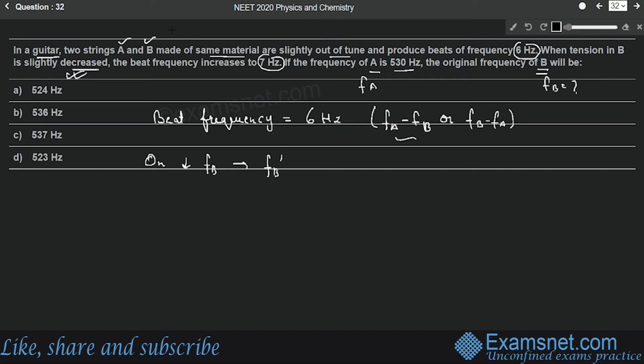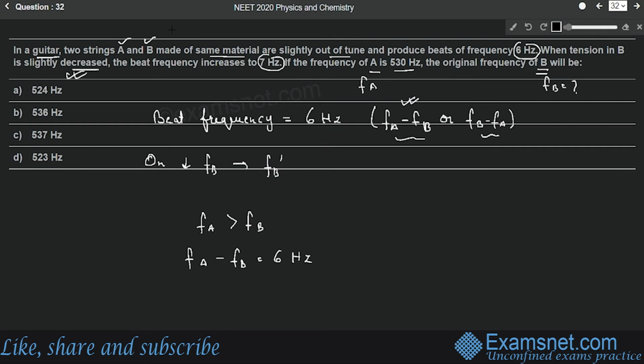So in which of these two cases the value will increase on decreasing FB? In the first one, right? That means FA is greater than FB. Okay, so we can say that FA is greater than FB. Okay, so now we can write that FA minus FB is equal to 6 Hertz.